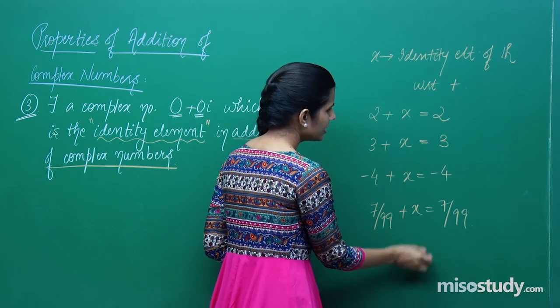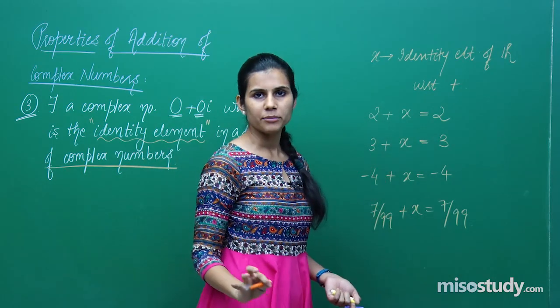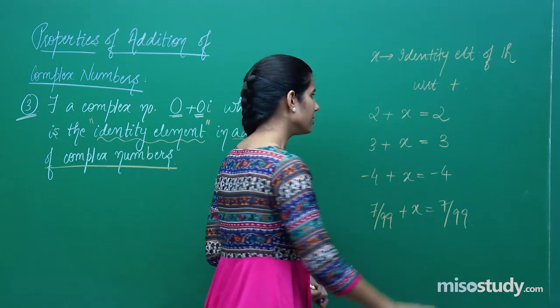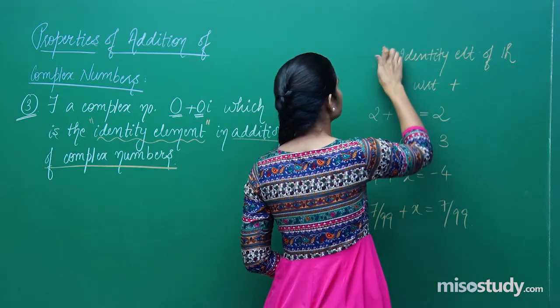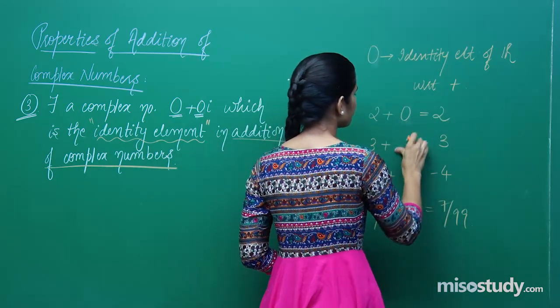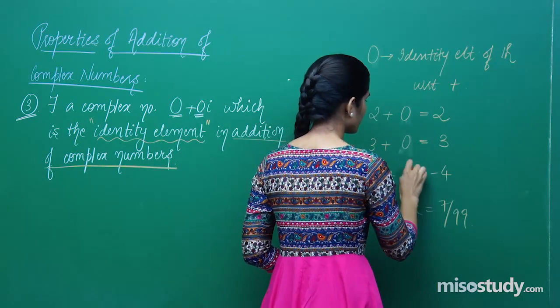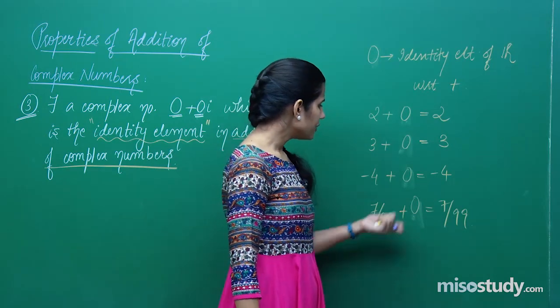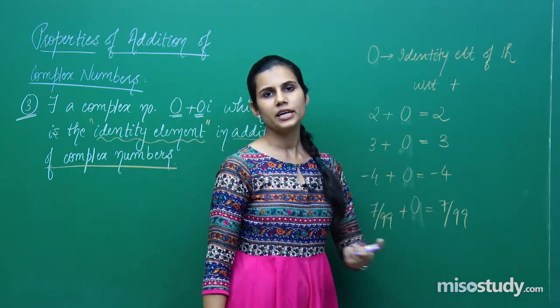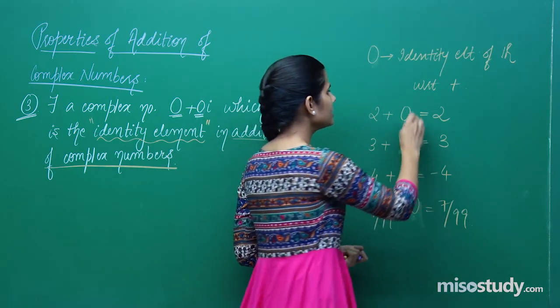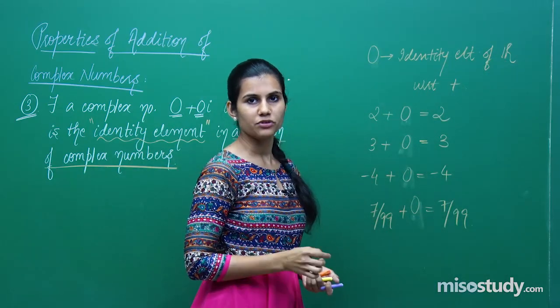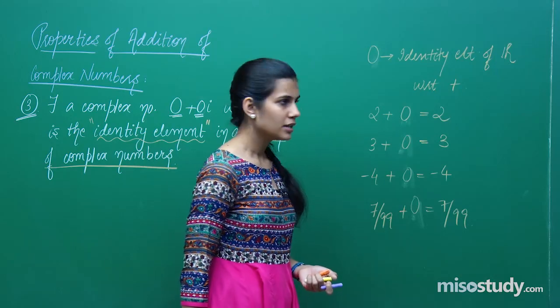And likewise, if x is added with any real number, it does not change the identity of that real number, and that particular x is 0. It is the number 0 which is such a real number that when it is added with any real number, it does not change the identity of that real number. This is called the identity element of the set of all real numbers with respect to addition operation.